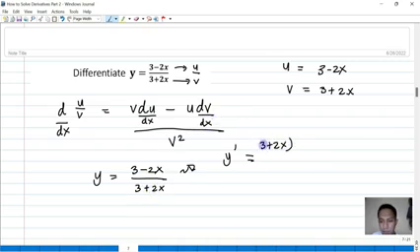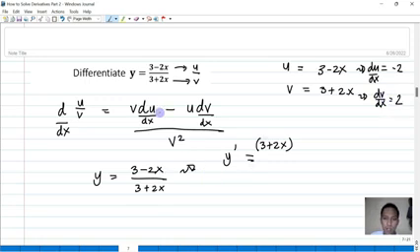Then differentiate the numerator with respect to x, so that is the derivative of u. The derivative of u is just negative 2. Recalling, if you have a coefficient and a variable, the derivative is just the coefficient, the number. For v, the derivative of v with respect to x is just the coefficient, positive 2.